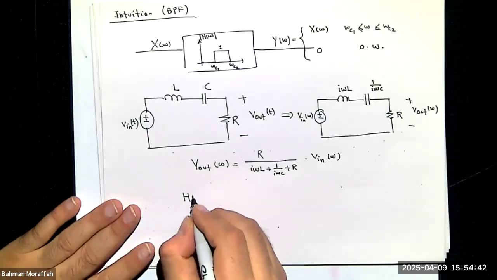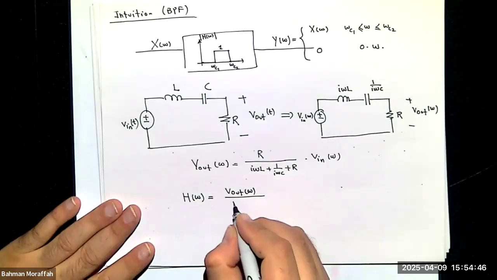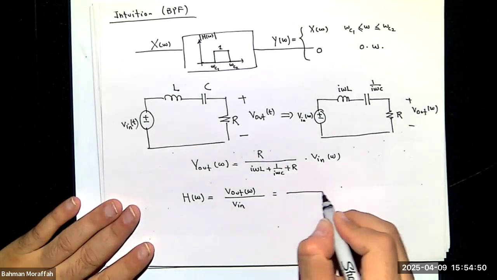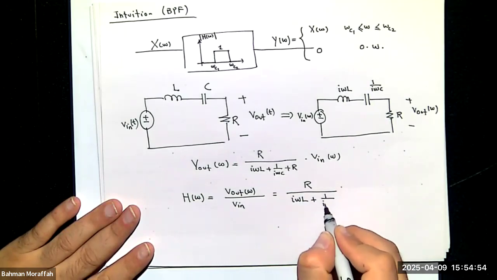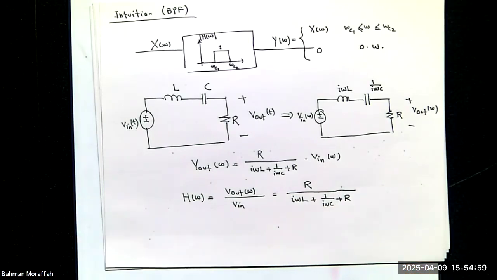If I compute H of omega, it's V out of omega divided by V in of omega. It is R divided by i omega L plus 1 over i omega C plus R.